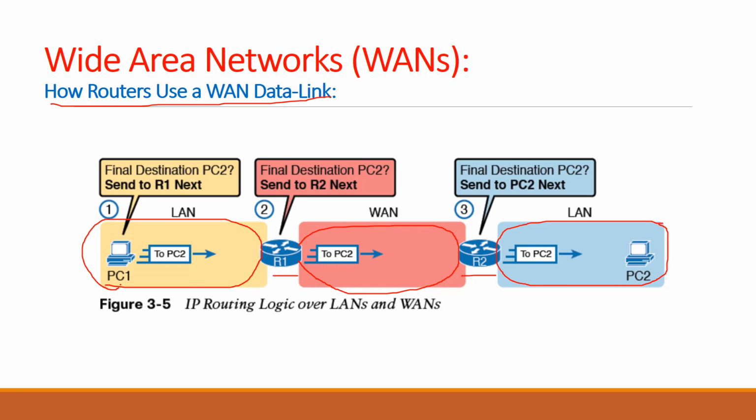First of all, PC1 recognizes that PC2 is not on the same network, and we will discuss in the IP routing section what it means. The destination is not in the IP network. PC1 realized that PC2 is not in the same network, so it decides to send the frame to R1, the default gateway or the default router in LAN 1.